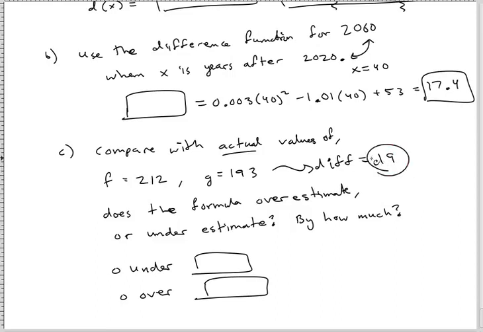Okay, now that's not the answer. That's just theirs. Compare with mine, compare with the formula. Mine is under, and by how much? I'm going to now subtract those numbers, and I found 1.6. How do I find that? I did the 19 minus the 17.4.